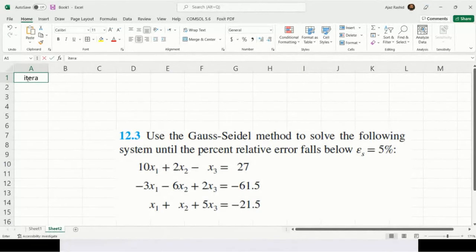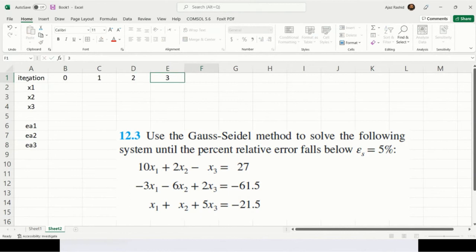So we have here the iteration number, x1, x2, x3, and the errors. Iteration 0, 1, 2, 3, 4, 5, 6. We don't know where we are going to go. We said the initial guesses are 1, 1, 1.